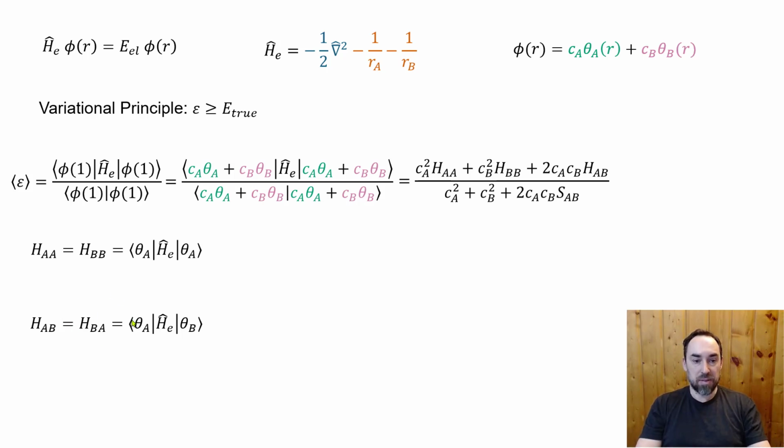The mixed term is very similar, but now we have theta A, the Hamiltonian, theta B, so the orbital centered on A, integrated over whatever I'm getting after I apply the electronic Hamiltonian to theta B. And finally, we have this overlap integral, theta A multiplied by theta B, and integrated over all of the space. So these are the 3 terms that are described here.